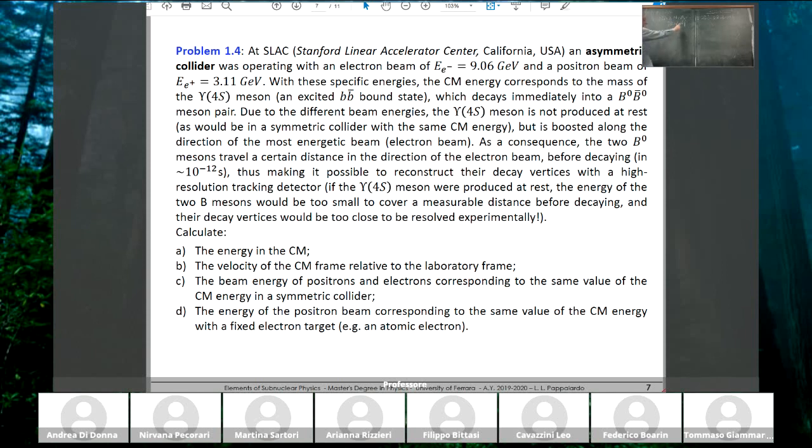When we take the modulus, we don't care anymore about the direction. Since we can neglect the mass of the electron, this is approximately equal to E minus minus E plus.